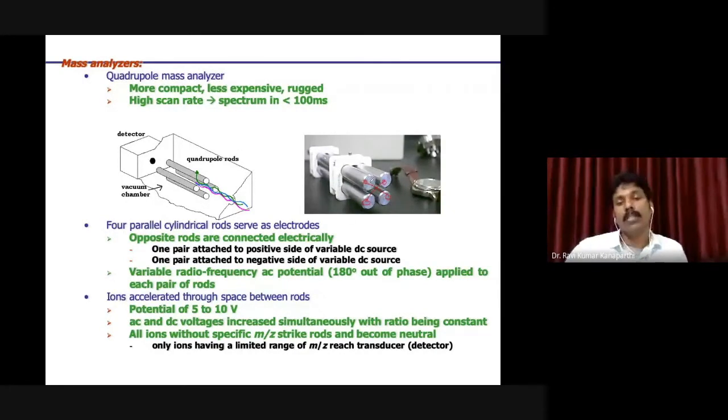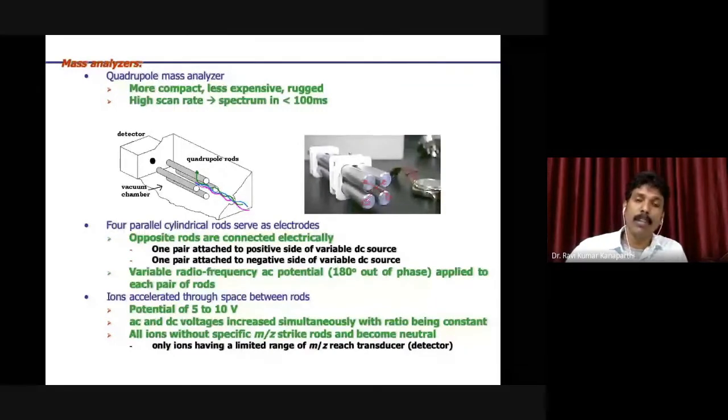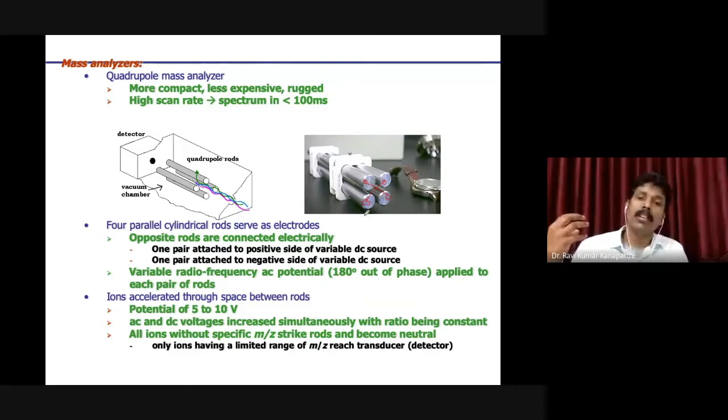So when you apply unique values of voltage and RF frequency between the opposite poles, a particular fragmented ion will pass through, but not the others.